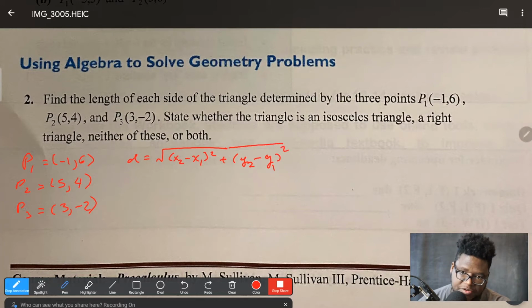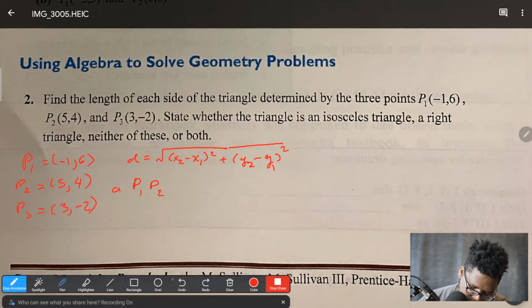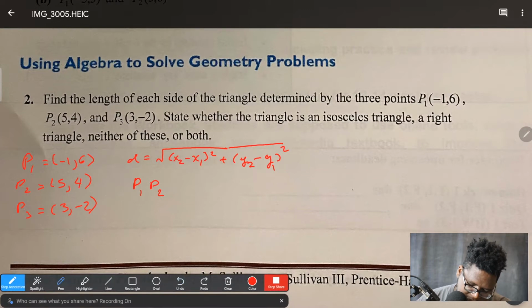So what we're going to do is plug these values in. If I want to find the distance between point 1 and point 2, I'm just going to look at point 1 and point 2.